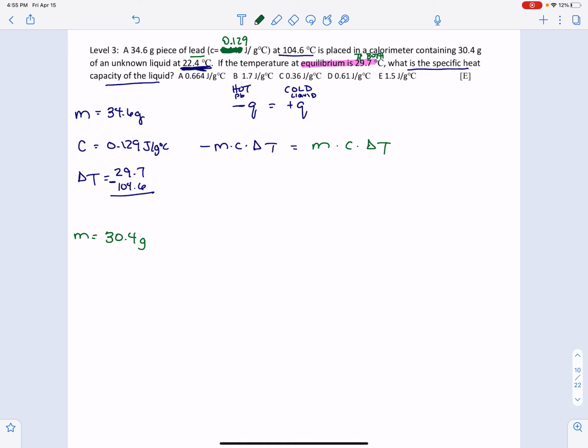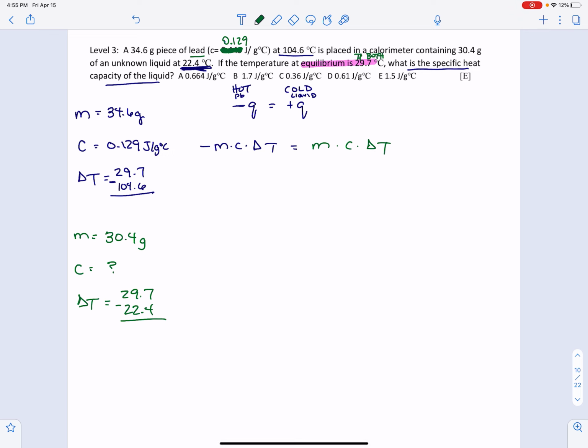So I've got that value. This again is my question mark, and then my delta T. Final minus initial. Notice my final is going to be the same as this top number for both. Again, I know I keep saying it. And then I'm going to subtract out my initial value, 22.4. And if you wanted to label this, final and initial, that all works.